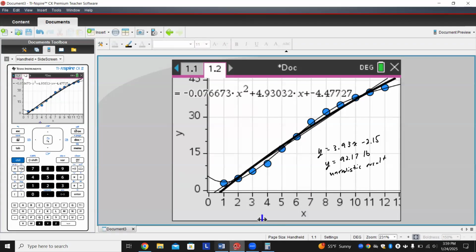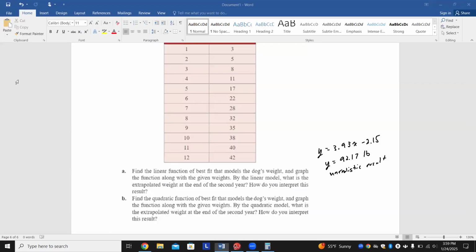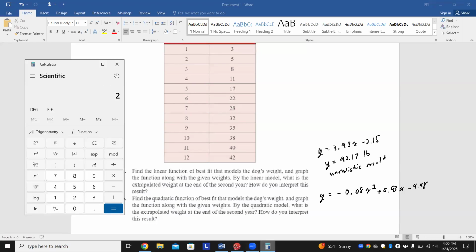And again, I'm going to round to 2 decimal places. So when I do this, I will get y equals negative 0.08x squared. It's supposed to be a 2. Plus 4.93x minus 4.48. Again, I'm just going to plug in 24 real quick. Find that to be a little bit quicker maybe. So it's going to be 24 times 24 times 0.08.